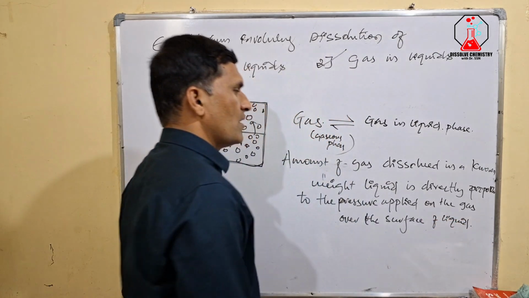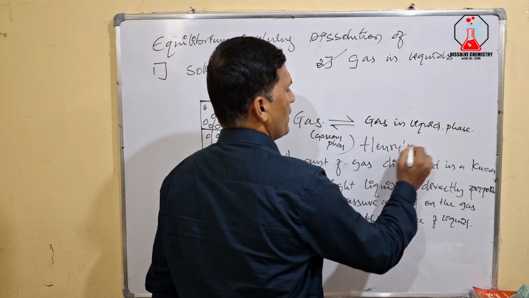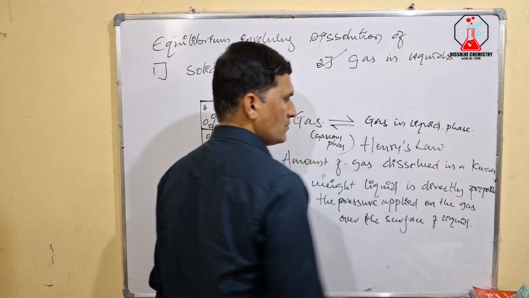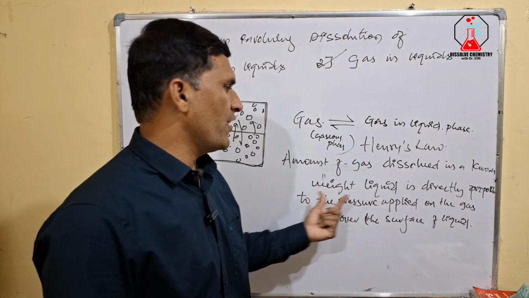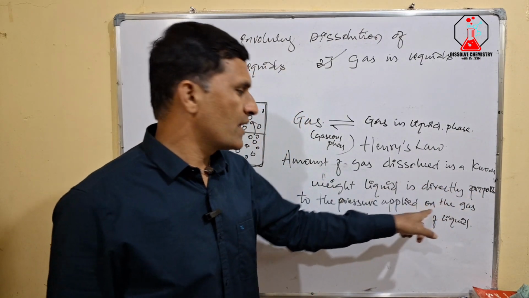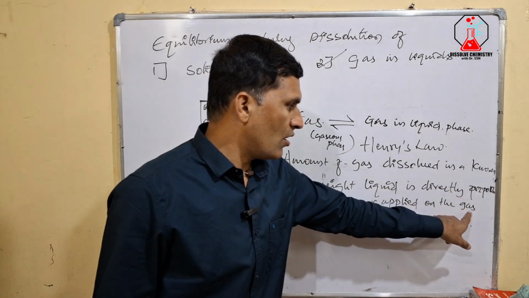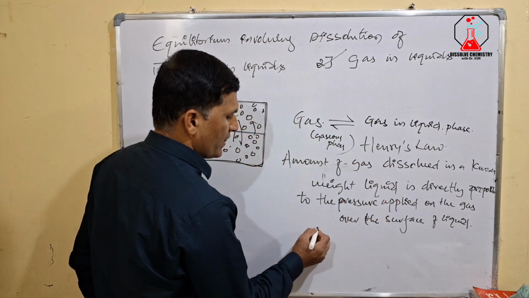So that is what we call Henry's law. Amount of gas dissolved in a known weight of a liquid is directly proportional to the pressure applied on the gas over the surface of the liquid at constant temperature.